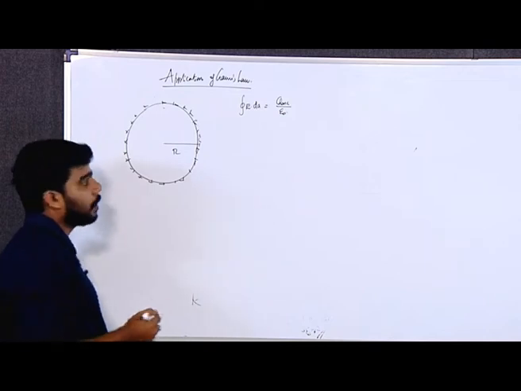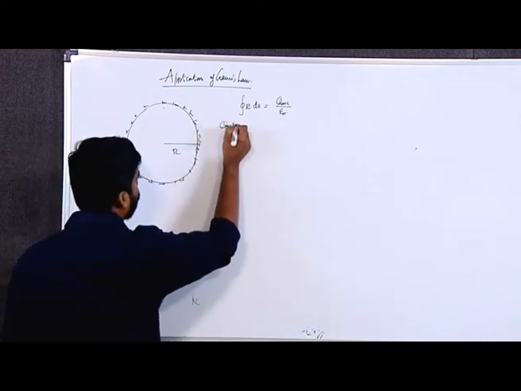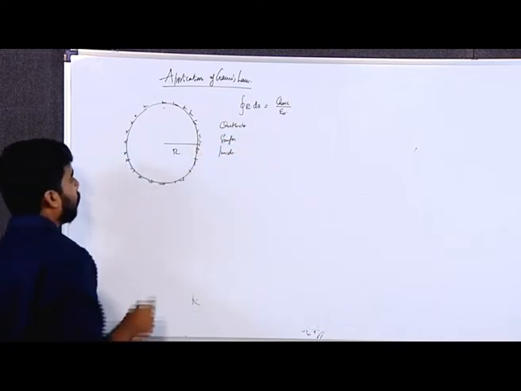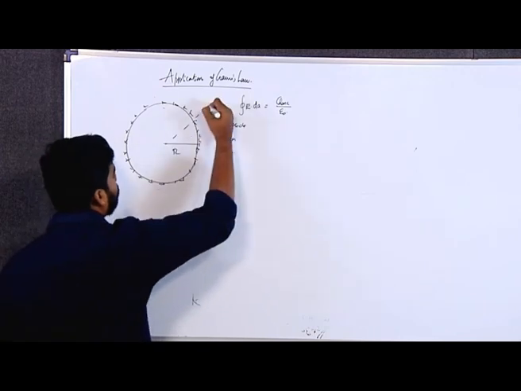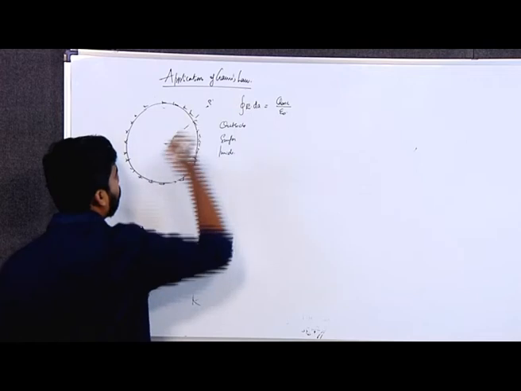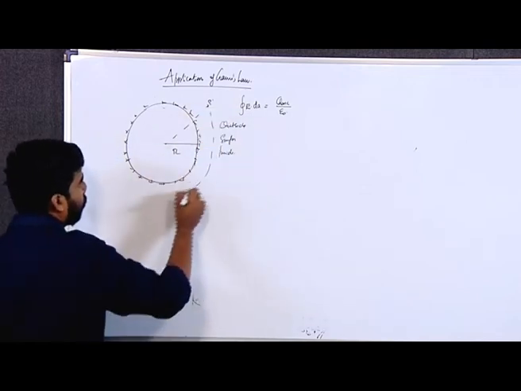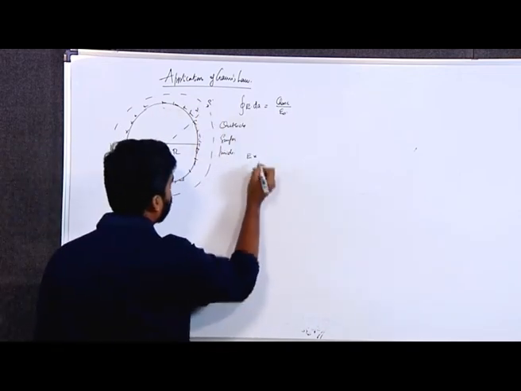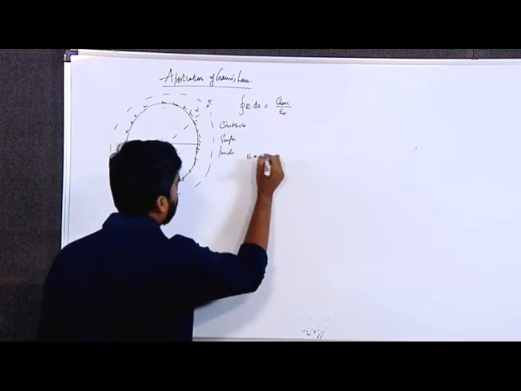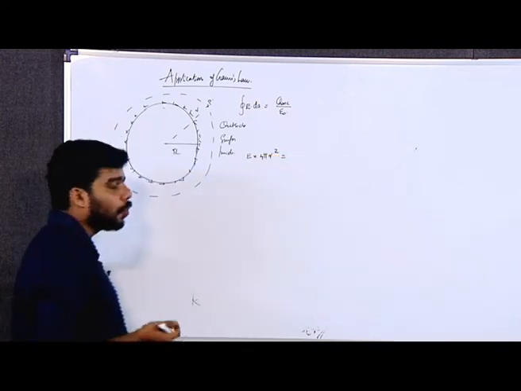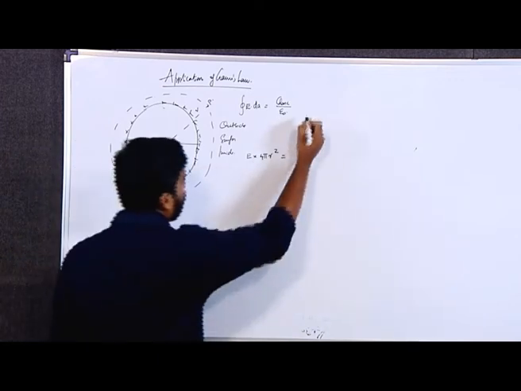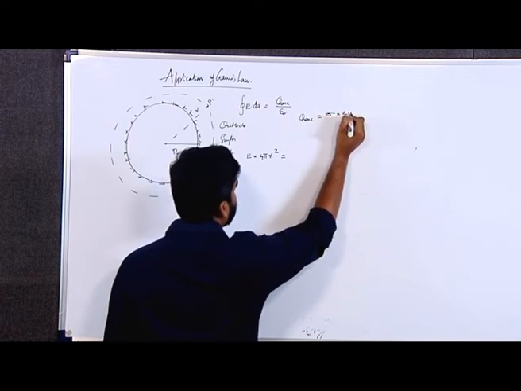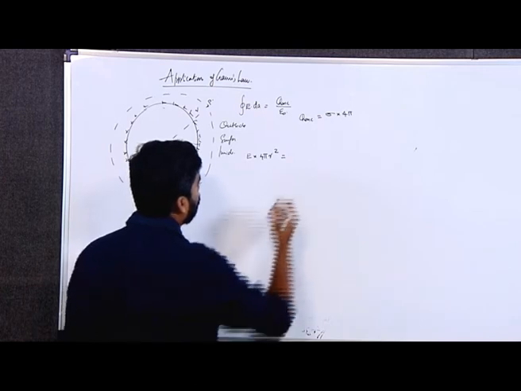Here for the Q enclosed, we want to find out outside, surface and inside, the same process, but with some difference: we want to find out what is the total electric field produced at the point P. So for that, consider a Gaussian surface of radius R. So E into its surface area 4 pi R square is equal to Q enclosed, which is sigma into 4 pi R square.